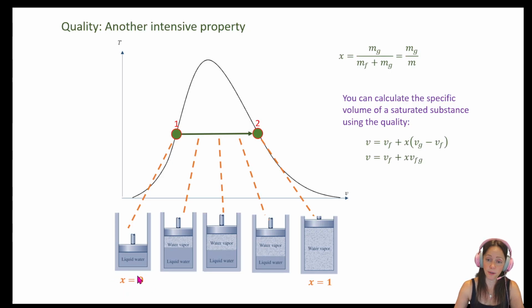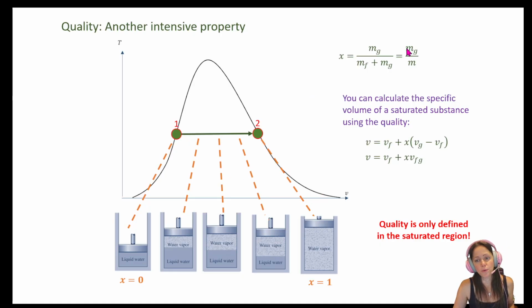If your quality is 0, that means you don't have any saturated vapor, so M sub G is 0. If all you have is saturated vapor, then M sub G and M are equal to one another, so it's going to be 1. So that quality goes between 0 and 1, and it is only defined in that saturated region. Even though in the compressed region you could say, oh, I don't have any saturated vapor, so M sub G is 0, it's not defined there because it doesn't mean anything.